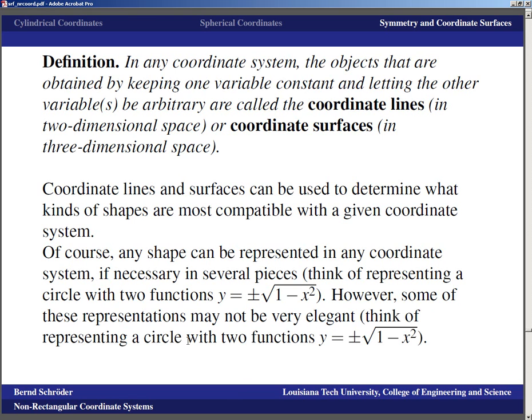We're going to see more of that when we do integration, when we try to represent round objects in rectangular coordinates. That's not going to work too well, and that's where in 2 dimensions polar coordinates will help, and in 3 dimensions cylindrical and spherical coordinates will help.